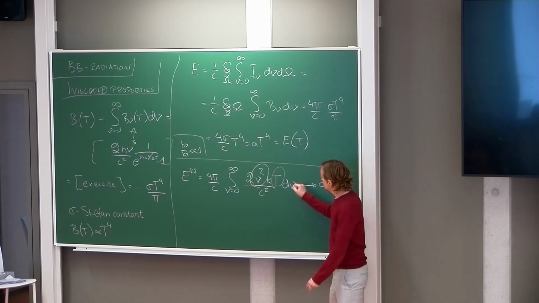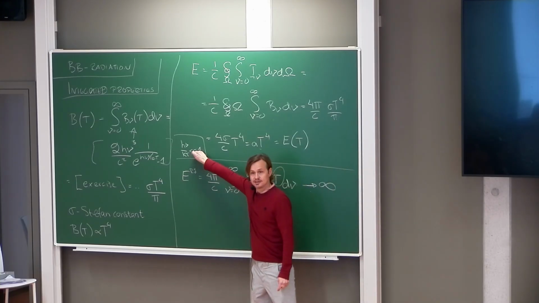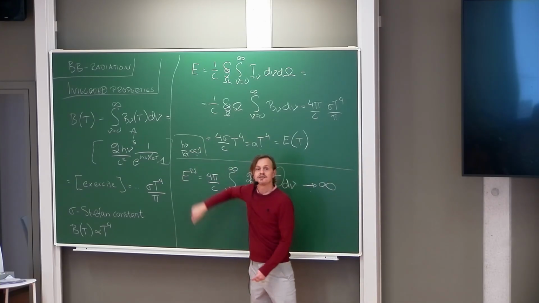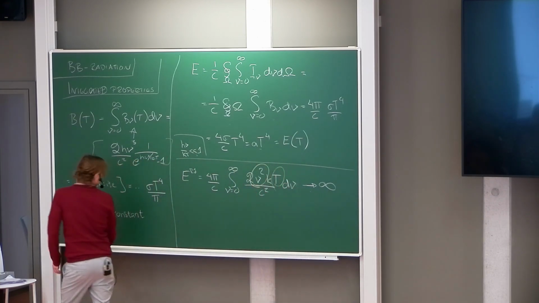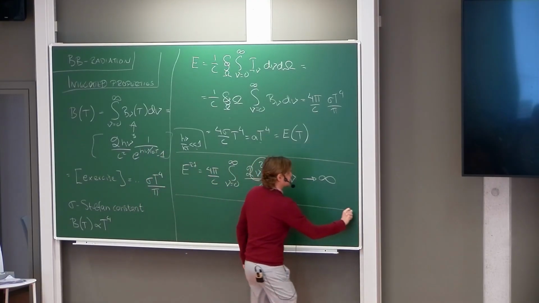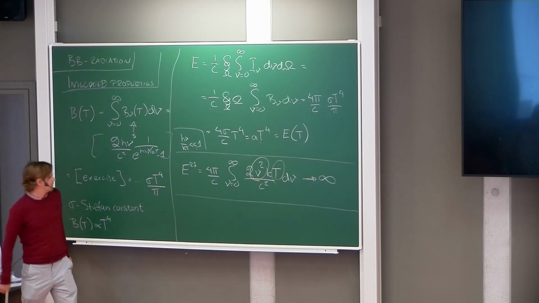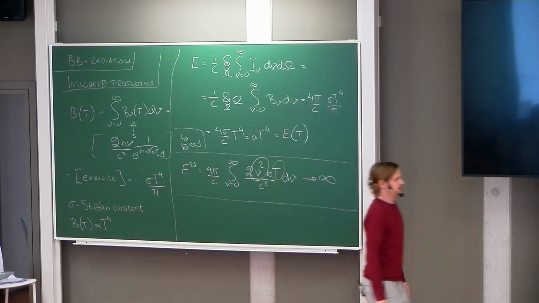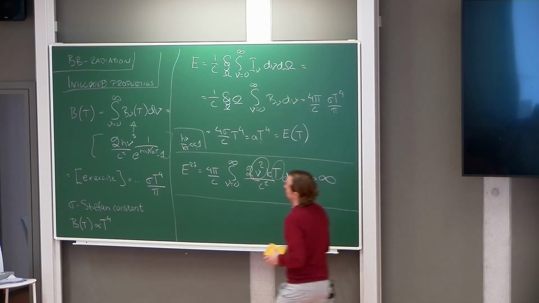That being said, this is a very useful law to use when this condition is fulfilled. Often, for example, in radio astronomy, which we will come back to. All right. That was the energy density of the black body radiation.